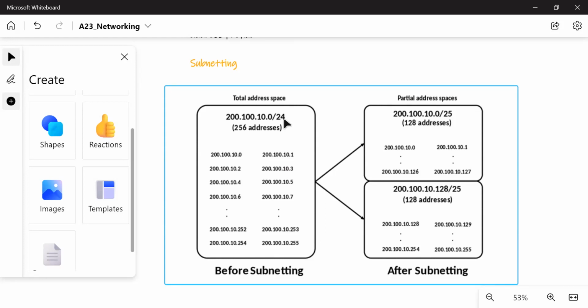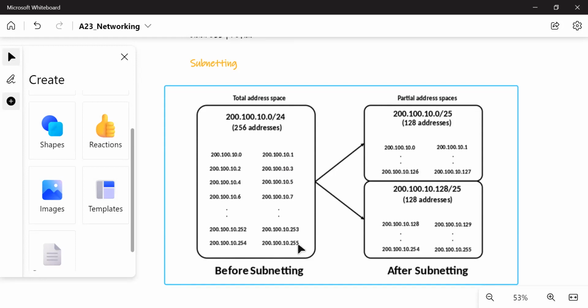Right, so the range of IP addresses we can think of is: you start with 200.100.10.0, and this can go up to 255, isn't it? So that's how we are getting 256 addresses. Now let's say I want to divide this into two networks.